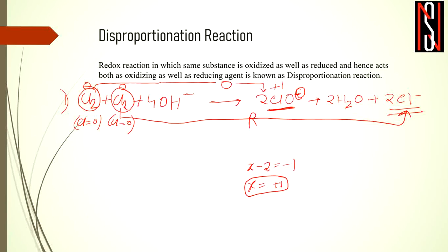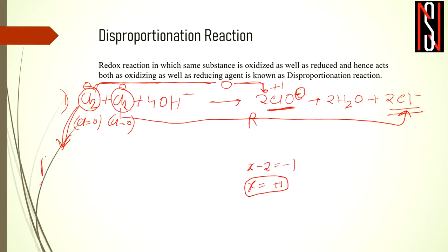The oxidizing agent means that it is oxidizing the other substance, so itself it is reduced. So this chlorine has a property that it is actually being oxidized, so it has the property to reduce others.